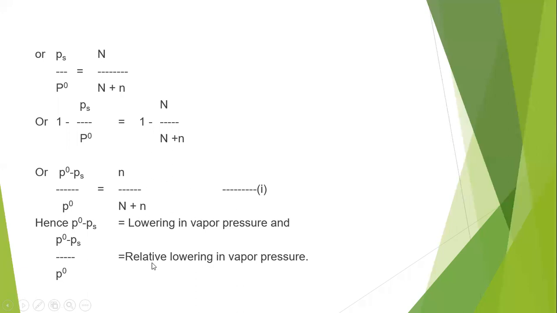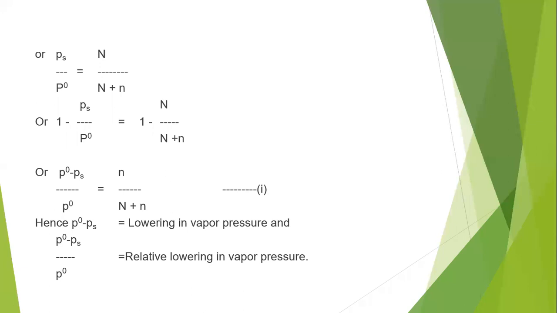From this equation, we can say that the relative lowering in vapor pressure is equal to the mole fraction of the solute, when the solute is non-volatile in a dilute or very dilute solution. So in general, the lowering of vapor pressure is P0 minus PS, where P0 is the vapor pressure of the pure solvent and PS is the vapor pressure of the solution.